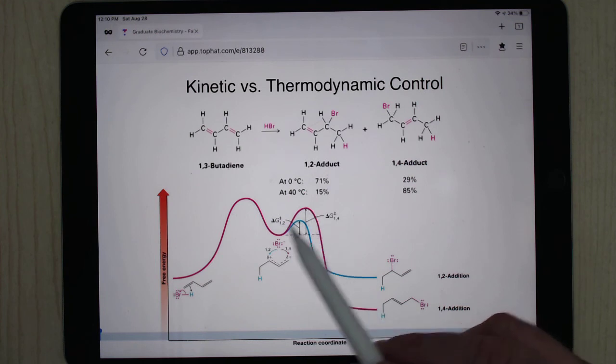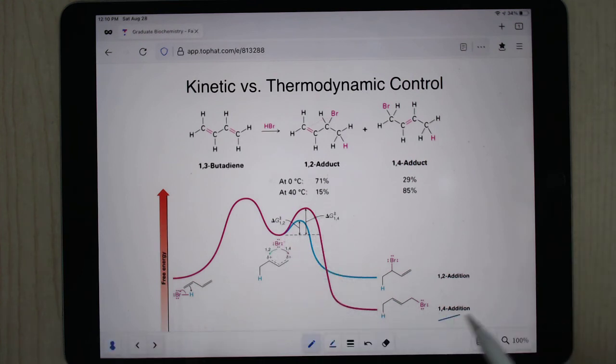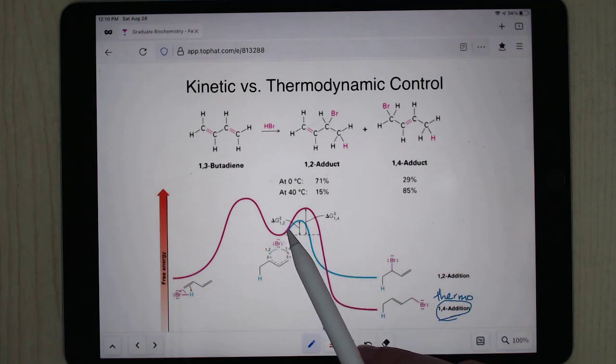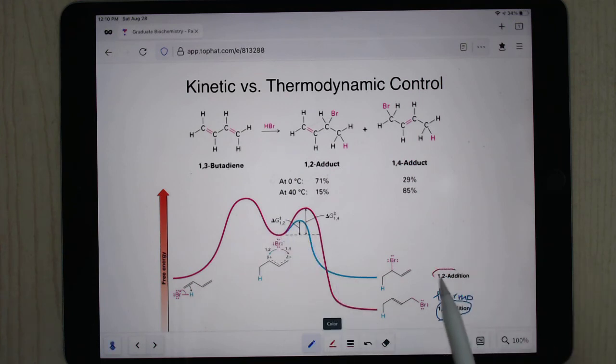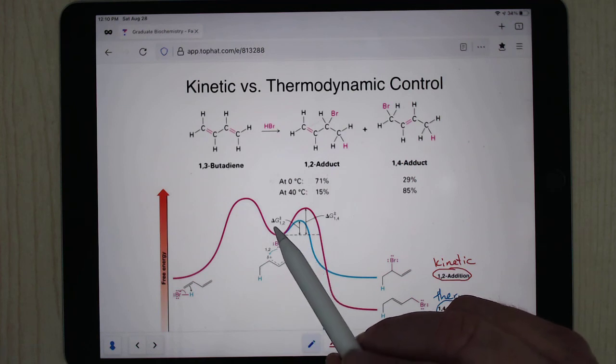Okay, so if given an infinite amount of time and an infinite amount of energy, right, it's going to want to go down here to make this 1,4 product. Okay, and so this is the thermodynamic product. If we don't have a whole lot of time and we don't have a whole lot of energy, it's going to go where it can, and so this one is considered the kinetic product because it gets there much faster, because it has a much lower activation energy to get over, right?